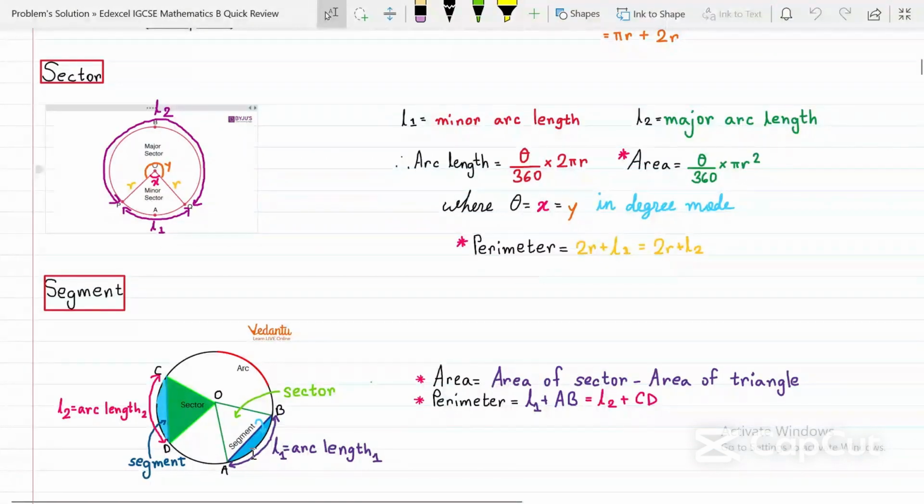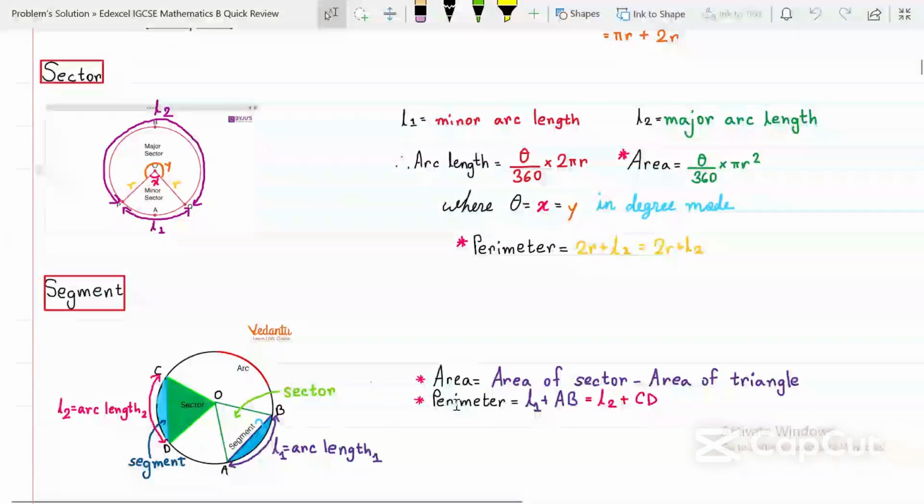Because both arc lengths may not have the same value. The area of the segment equals area of sector minus area of triangle, and perimeter equals L1 plus AB. It also equals L2 plus CB and AB. And what's the area of triangle? We will get to know further.